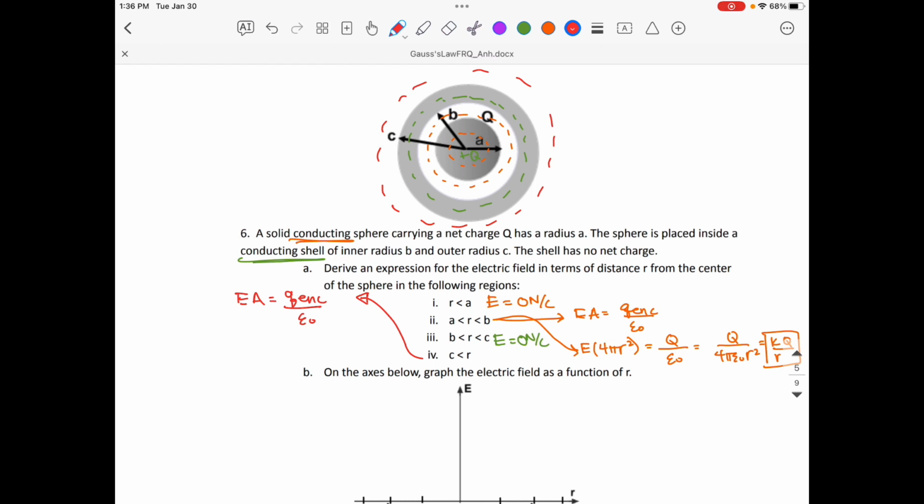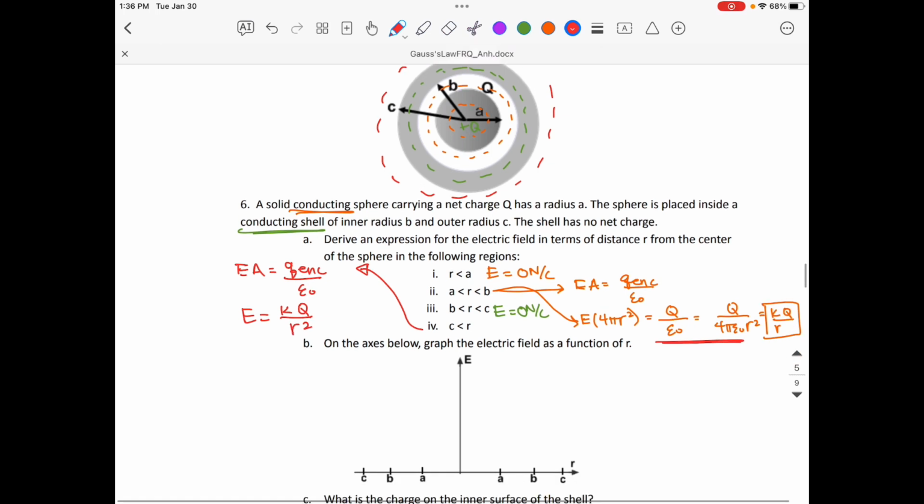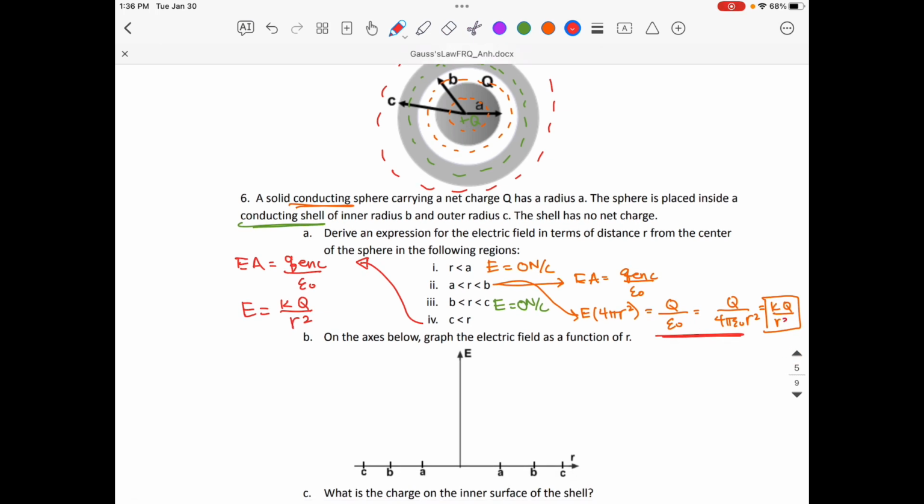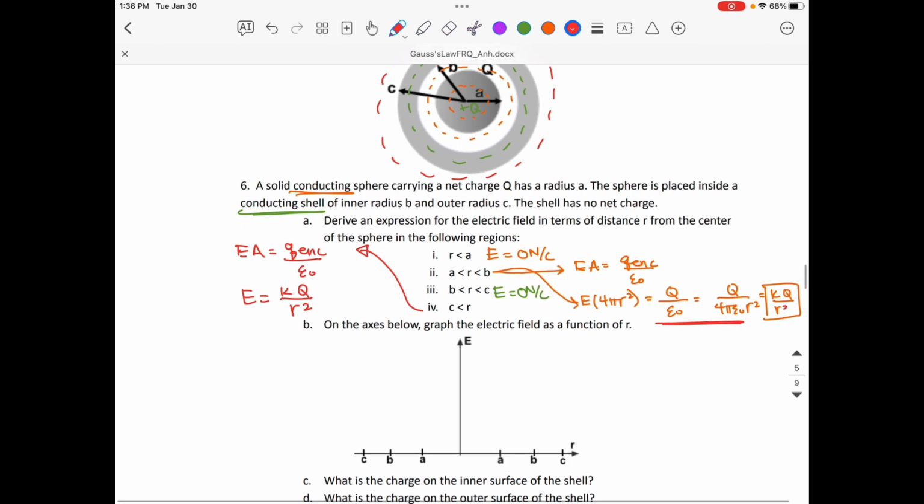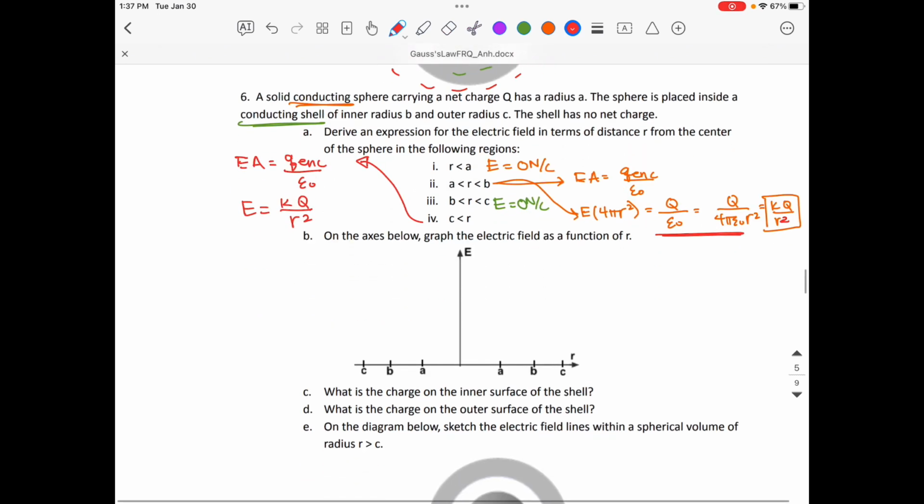It does not have a net charge, and so the only enclosed charge we really have is the charge of our inner sphere, which is Q, and we already established what the equation was for that from part 2, so our electric field is going to be the same as part 2. It's going to be KQ over r squared, and this should be squared right here. I missed that. All right, so for the next step, we are going to graph.